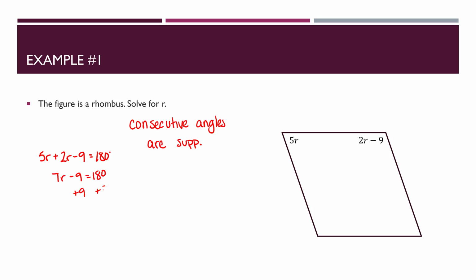Add 9 to each side. 7r equals 189. And then divide by 7. So r equals 27. Again, that's because our consecutive angles are going to be supplementary, so we can add those up to equal 180.